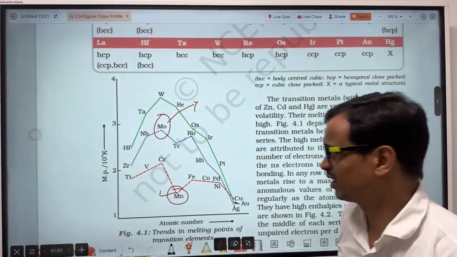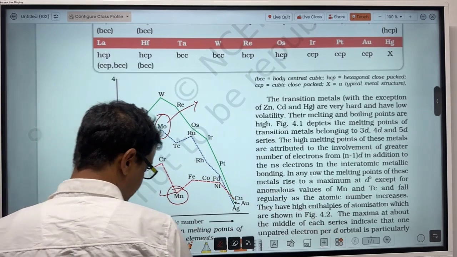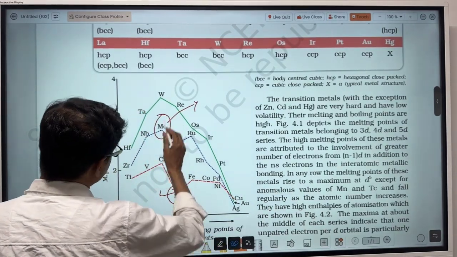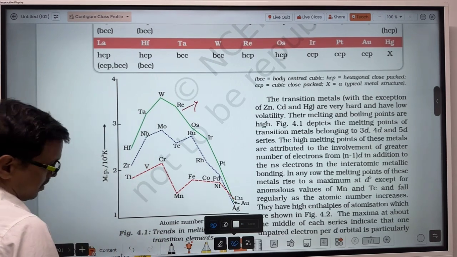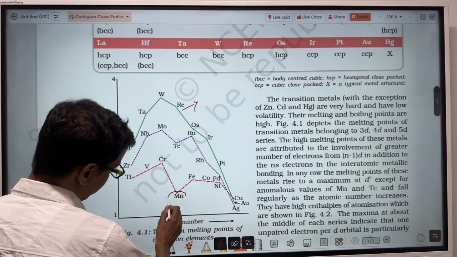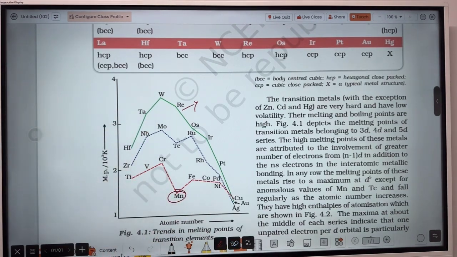Now that was the trend we have discussed. Let's see the reason why there is a dip at manganese.